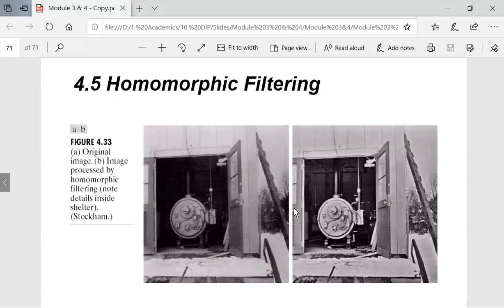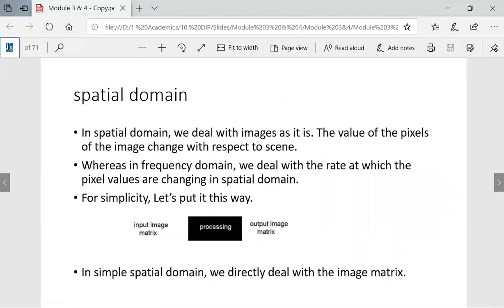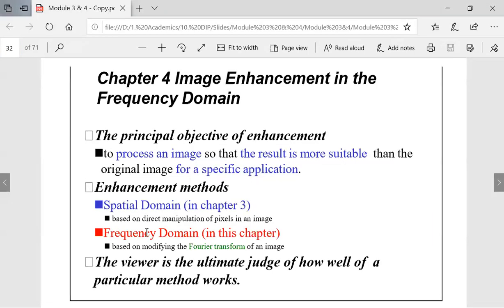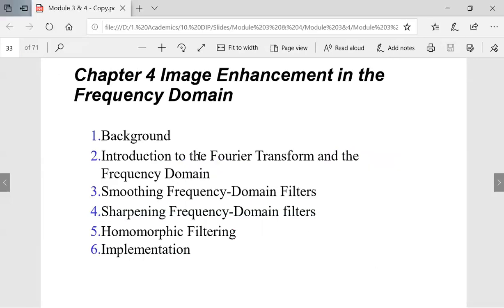Now, in the last sessions we have studied the frequency domain, that is image enhancement using the spatial domain as well as the frequency domain. Two types we have seen. Spatial domain we have learned, and the frequency domain also in this module we have seen. We have seen the background: the researcher by the name of Fourier introduced this Fourier transformation. Then the introduction to the Fourier transformation: there are two types, Fourier series and Fourier transform.